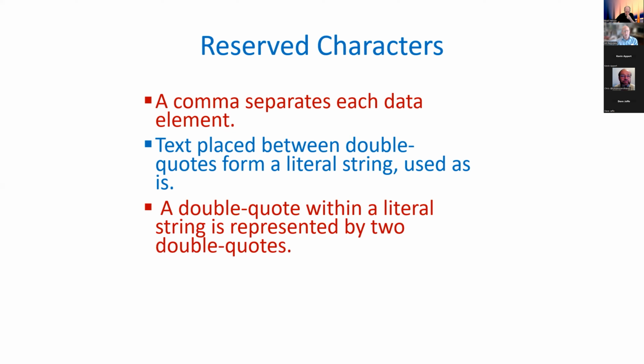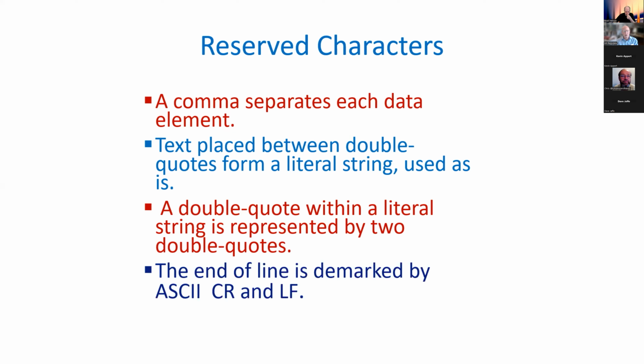Double quote within a literal string, that is, if you have a literal string going and then there's a double quote within it, that is a 2-element symbol, which will be represented by the double quote. And finally, the end of each line is demarked by the ASCII return and line feed. And at the end of the file, the sequence just ends with a CRLF. So it's up to you to figure out the end of the file.